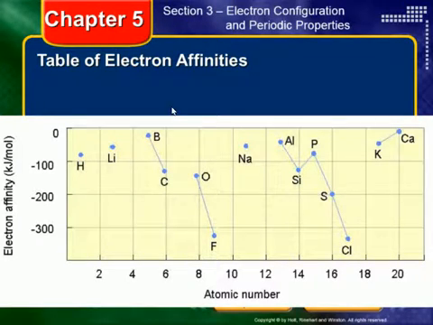So again, if we have this change from boron to carbon, see it's decreasing, from oxygen to fluorine, see a decrease. Now if we go over here to aluminum, atomic number 13, we're seeing that electron affinity as we go from aluminum to silicon, again, which is going from left to right across a period, we see the decrease. That's what we would expect. However, we see a bump up as we go from silicon to phosphorus.